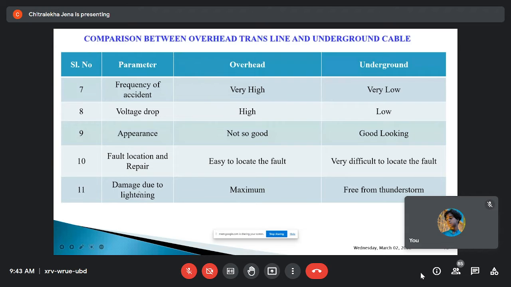Okay. Now the same thing coming to the damage due to lightning. Here the overhead transmission line has maximum damage compared to the underground cable.